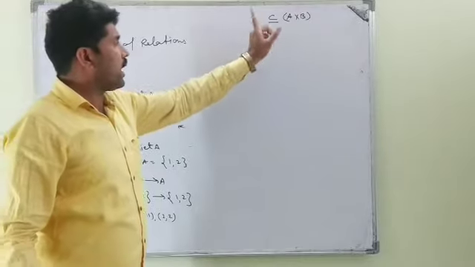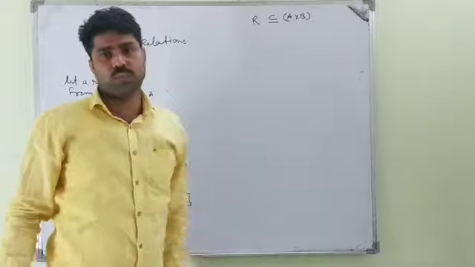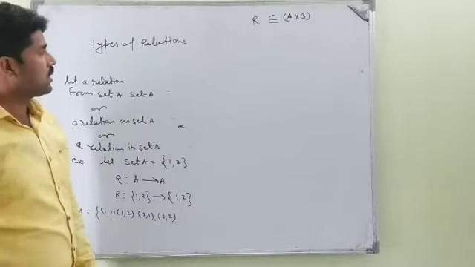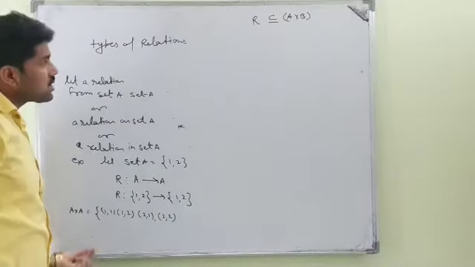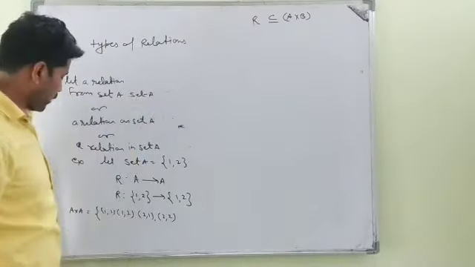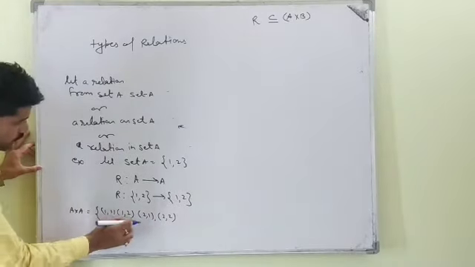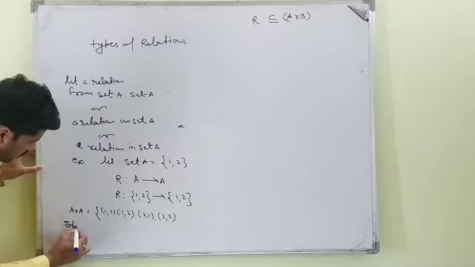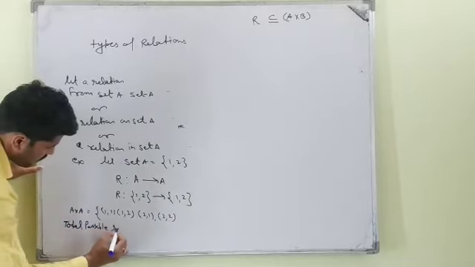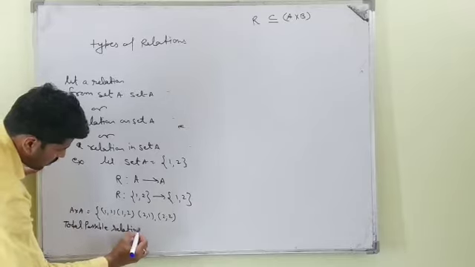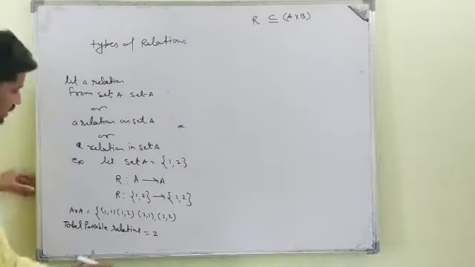Every relation is a child of A cross B, the Cartesian product. So possible relations means relations in the Cartesian product. 1, 2, 3, 4, these are the 4 elements. So the total possible relations are, formula is 2 power, subset.